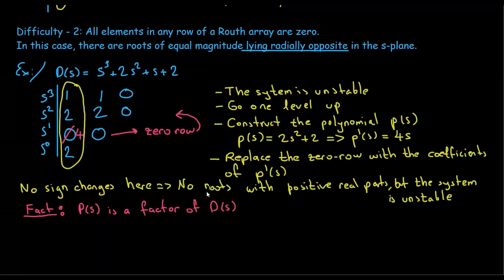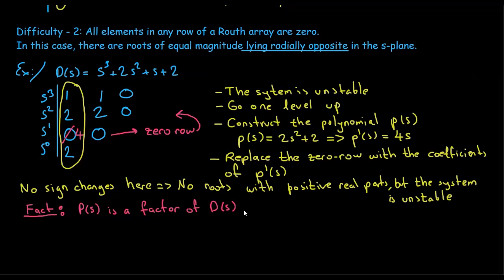In some occasions, I can exploit this property to find all roots of D of s. Because if P of s is a factor of D of s, if I divide D of s by P of s, the remainder should be equal to 0.